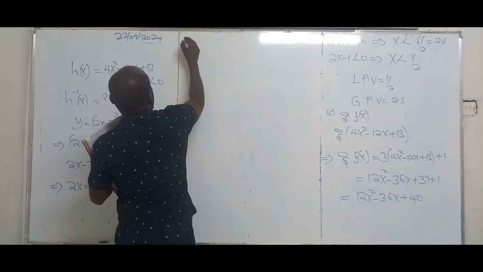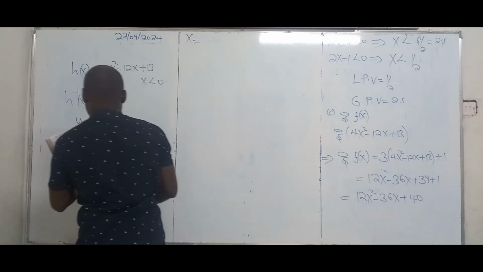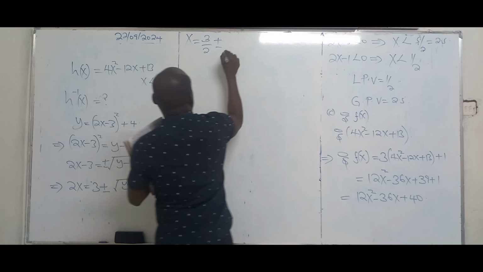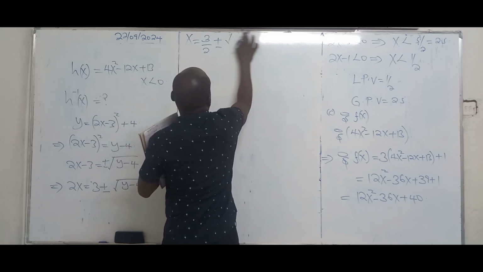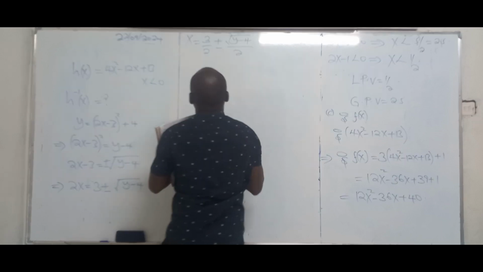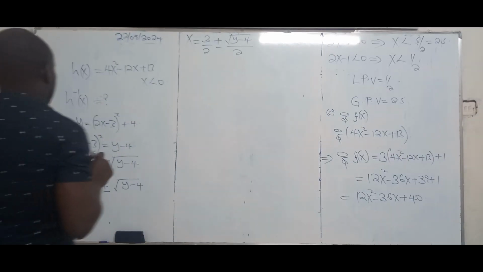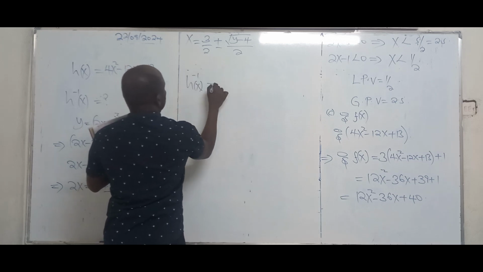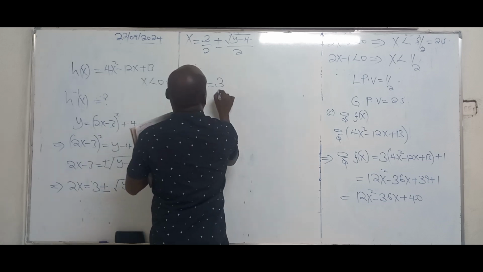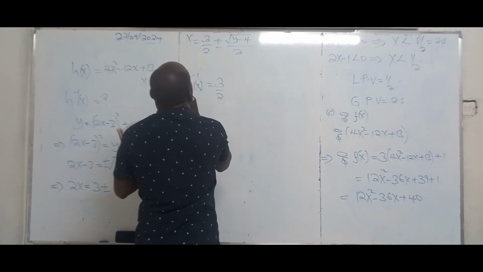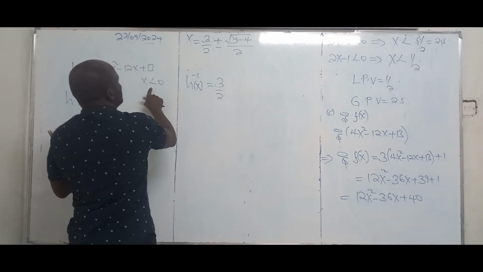So x is equal to 3 over 2 plus or minus root of y minus 4, all over 2. Therefore, h of x inverse will be 3 over 2, because x is supposed to be less than 0, so we don't add.